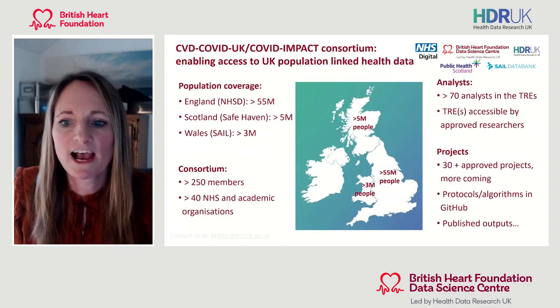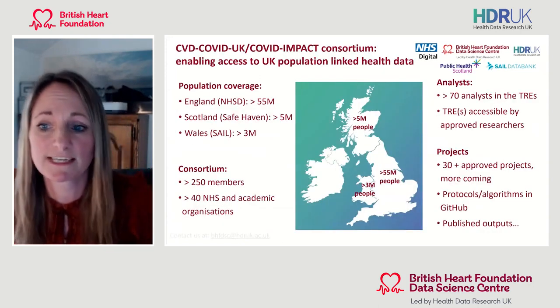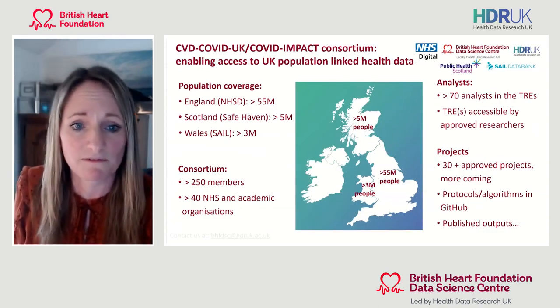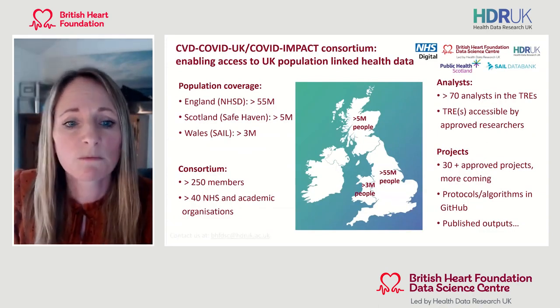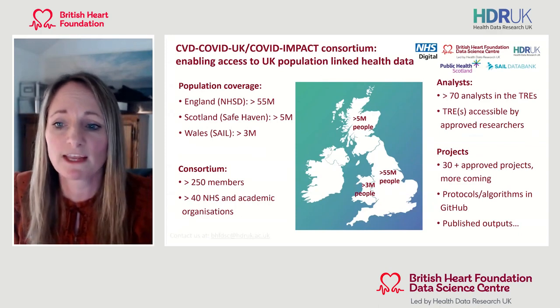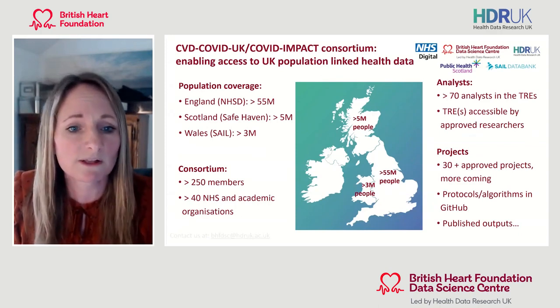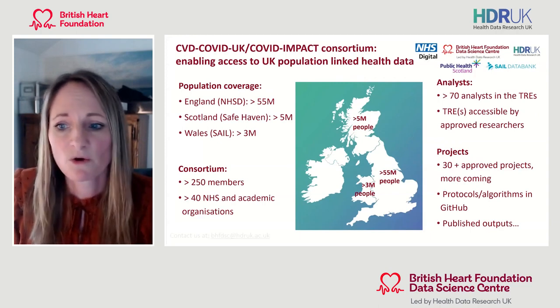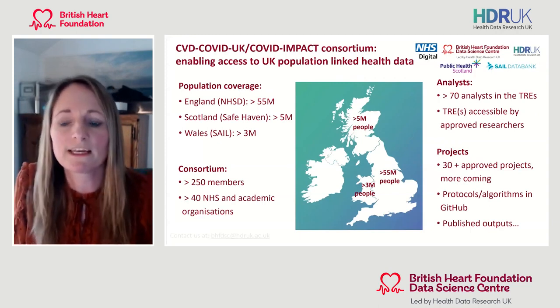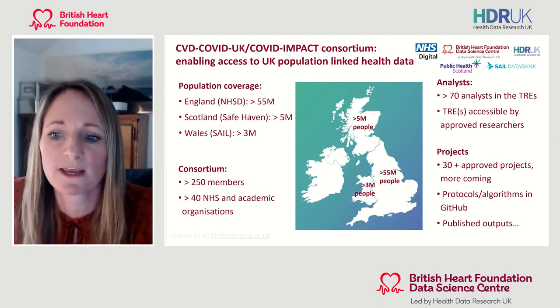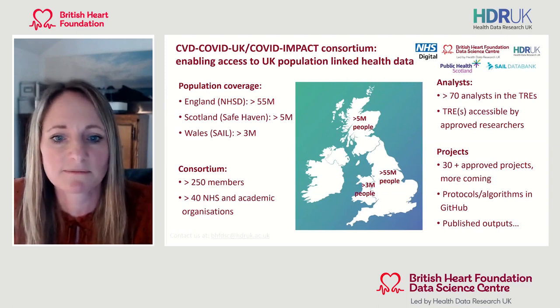So currently, we have population-wide coverage of data from England, with a population of over 55 million, as I've said, but also from Scotland, and this is through the Safe Haven with a population of over 5 million, and from Wales through the SAIL Databank with a population of over 3 million. And work is underway to extend further to Northern Ireland.